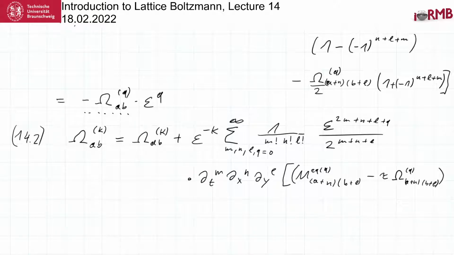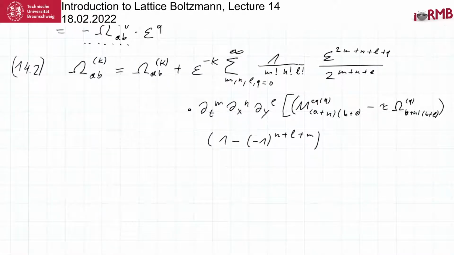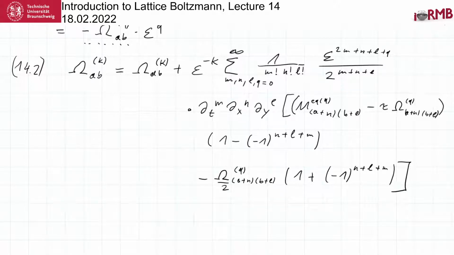And this goes again into 1 minus 1 to the power of n plus l plus m. And this in addition to omega half of the order q, a plus n, b plus l, into 1 plus minus 1 n plus l plus m, and closing brackets.